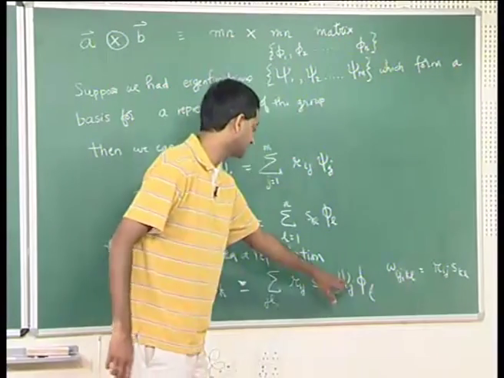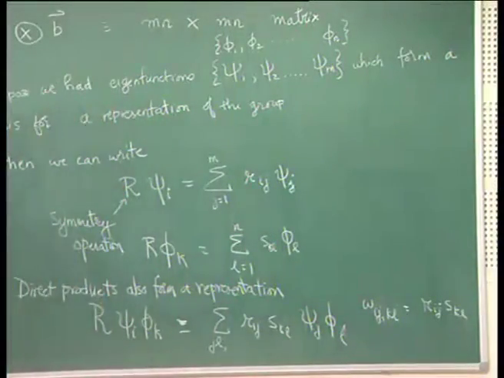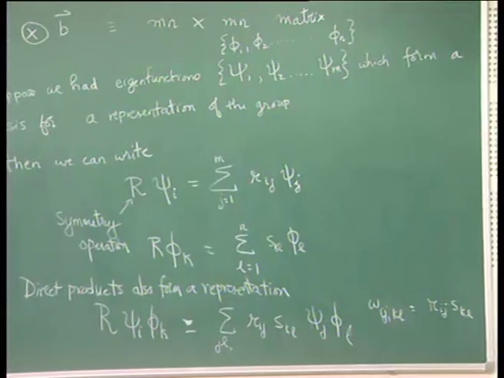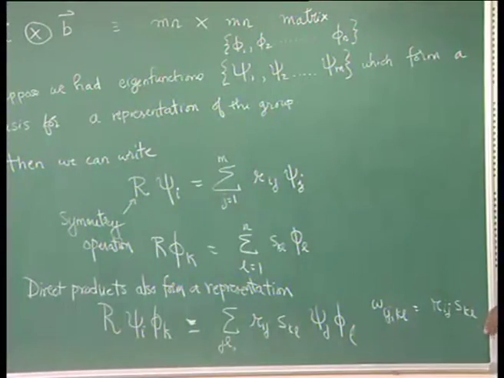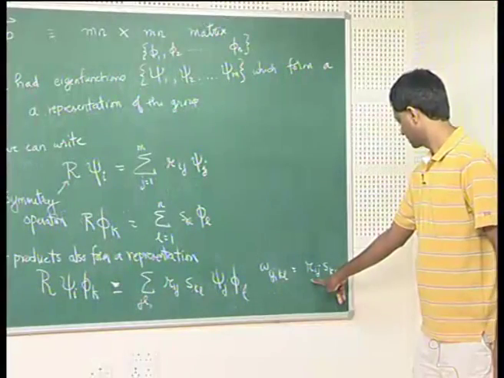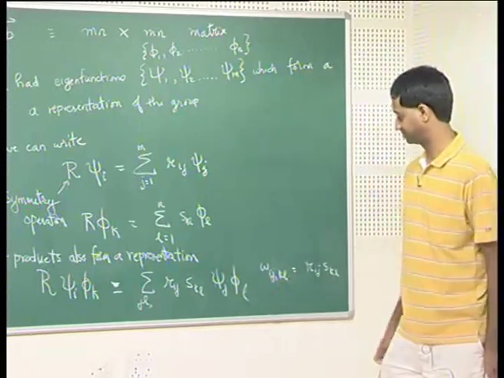So, ij and kl, we just call this quantity W_ij,kl. And this is an element of that Mn cross Mn matrix, and this is one of the matrix elements of another representation.